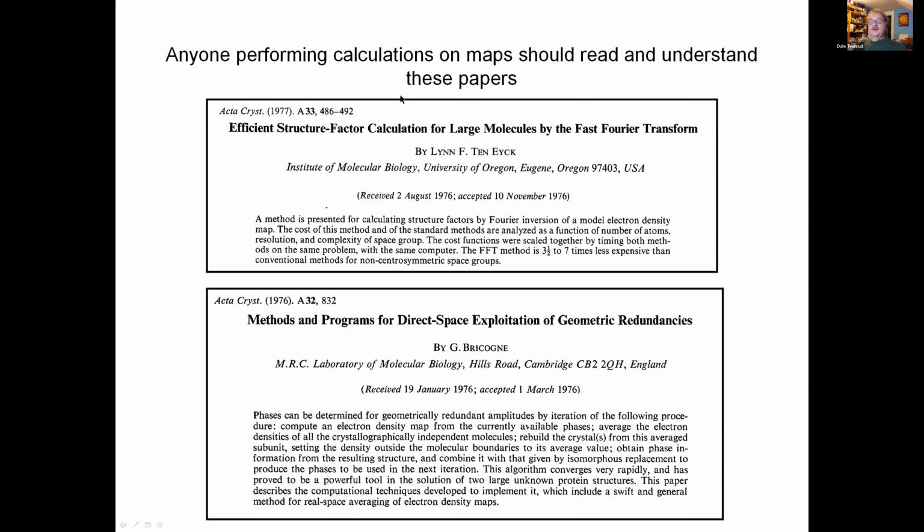And anybody who's working with maps, I think, should read and follow through those problems, because I think a lot of computer programs, even to this day, do not take into account the problems of sampling.